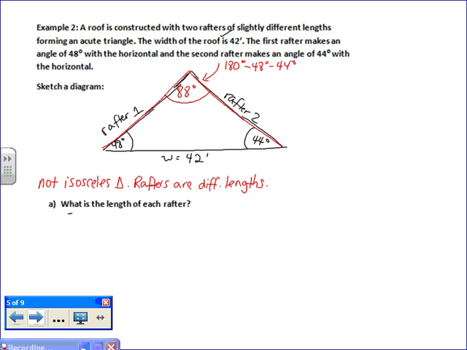I have a side-angle pair, and I have the other two angles.